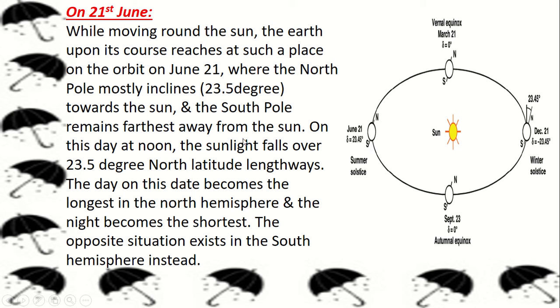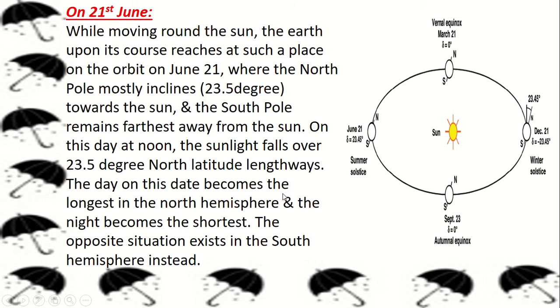That is written here. Follow, where the North Pole mostly inclines towards the Sun and the South Pole remains furthest away from the Sun. So on this day at noon, the sunlight falls over 23.5 degree north latitude lengthwise. I have told you sunlight falls at 23.5 degree, that means on the Tropic of Cancer perpendicularly.